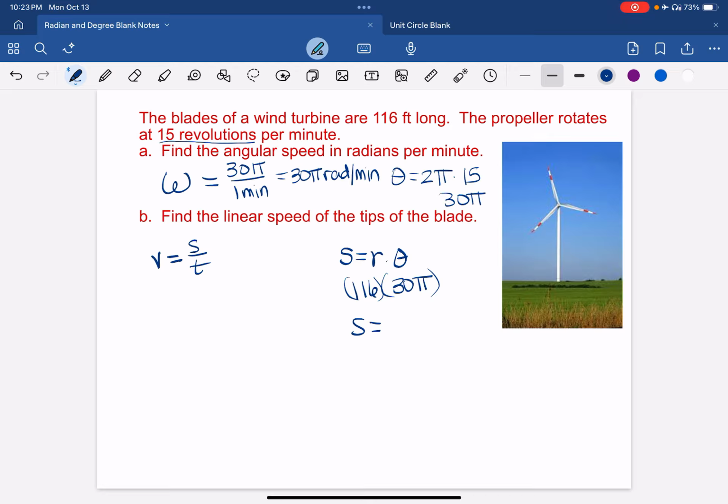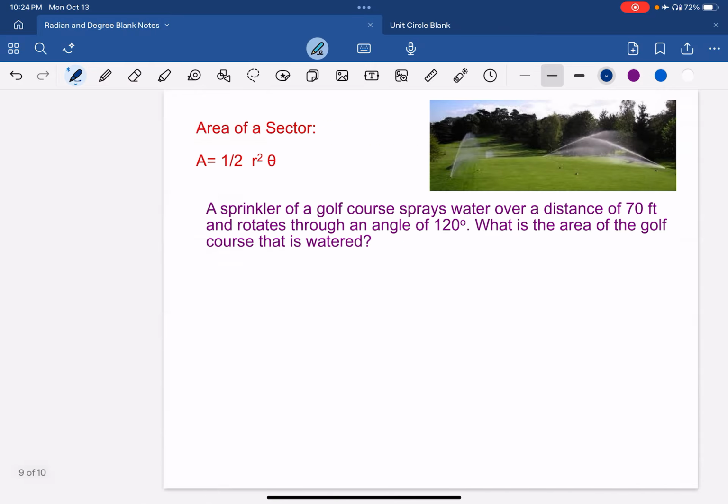I would say use a calculator to calculate that. 116 times 30 pi, which is going to give us a rather large number, 10,932.742 feet. Okay, now we're going to take that and divide it by time, and actually the time in this case is per minute because it goes 15 revolutions per minute. So the linear speed is going to be 10,932.742 feet per minute. And there you have it.